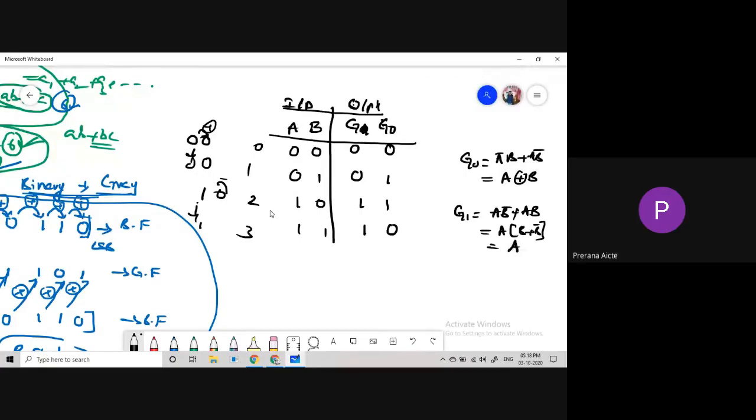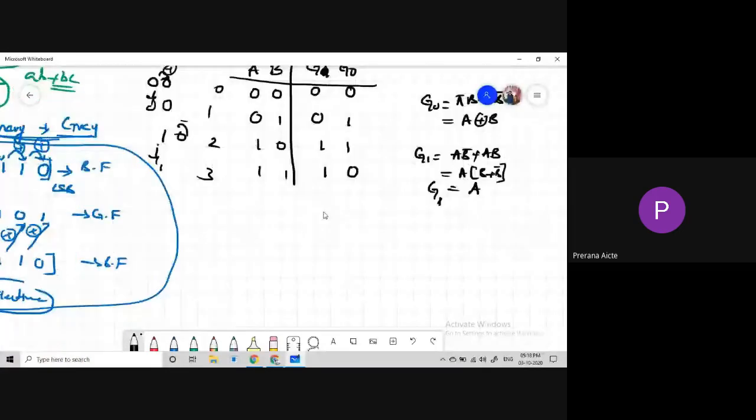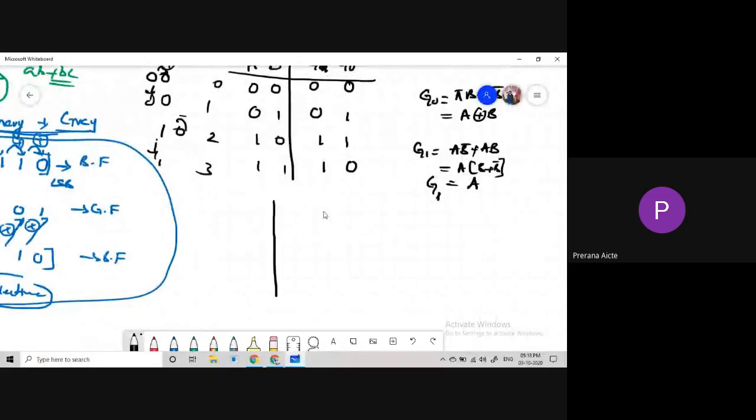So for this, we are constructing a logical diagram. Here we are taking 2 inputs, A and B, with their complements. For G0, how many gates are required? One XOR gate is enough, right?